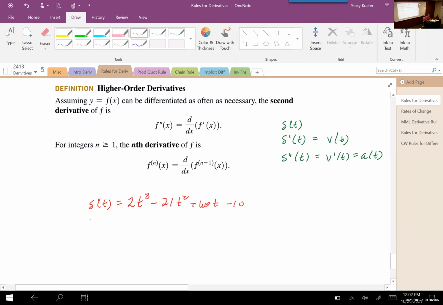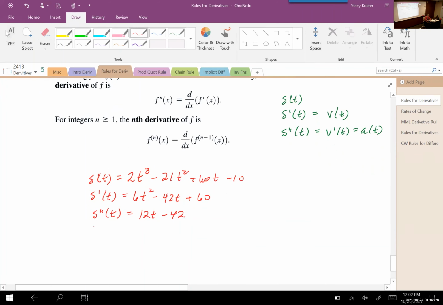The first derivative, S prime, we said was 6t squared minus 42t plus 60. The second derivative, S double prime, would be 12t minus 42. The third derivative would just be 12. And I can't go any further, can I?